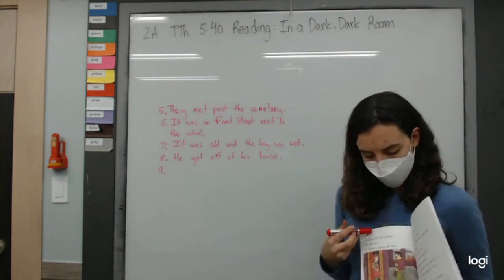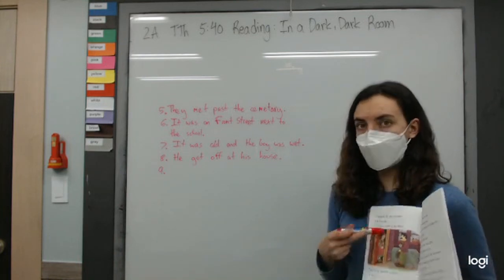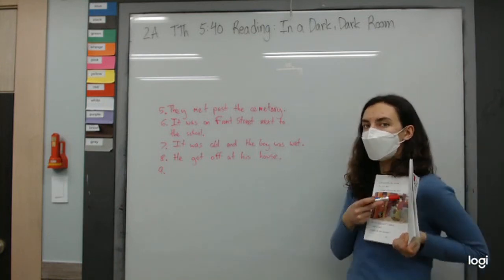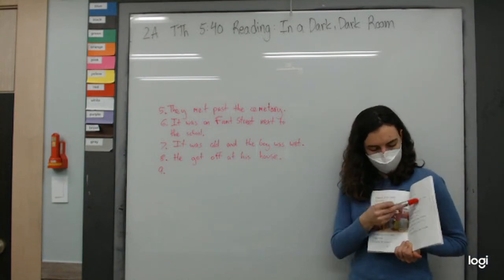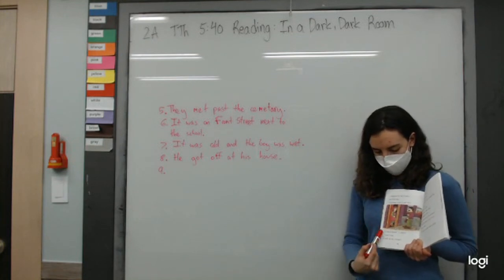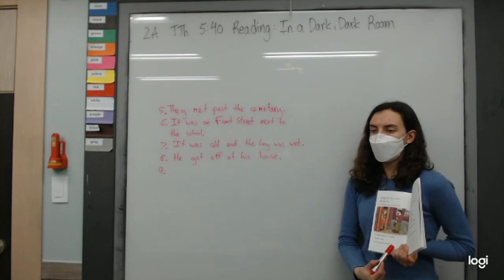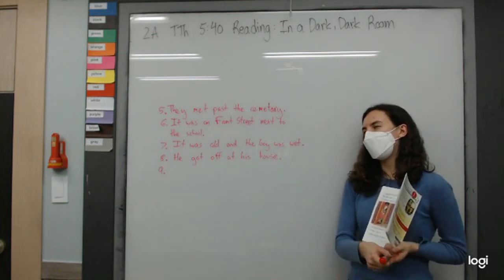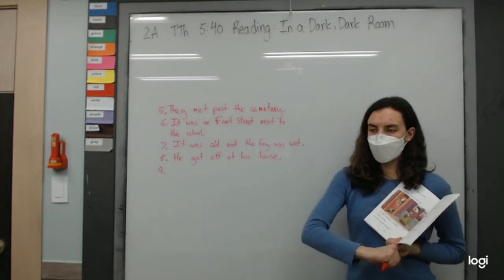So here we can see on this page, he goes to Jim's house and he wants to talk to Jim. And then Jim's mom looks at him strange on the next page. What does he say? He says, "Is Jim at home? I have come to pick up my sweater." So why do we think the mom looks at him strange when he comes to her house and says this?